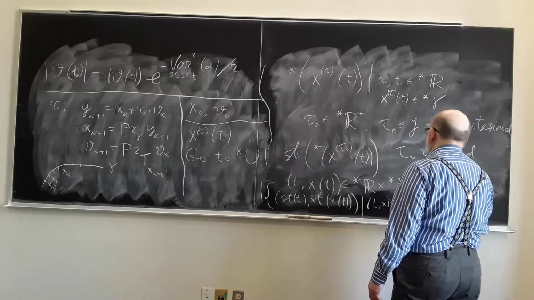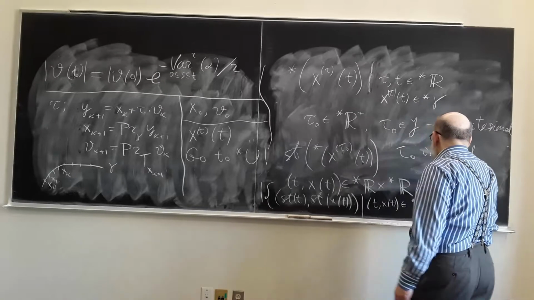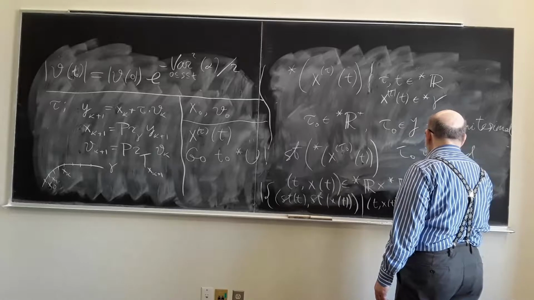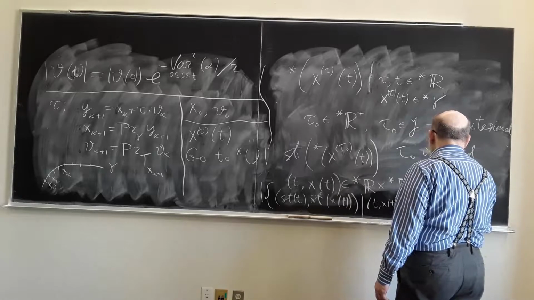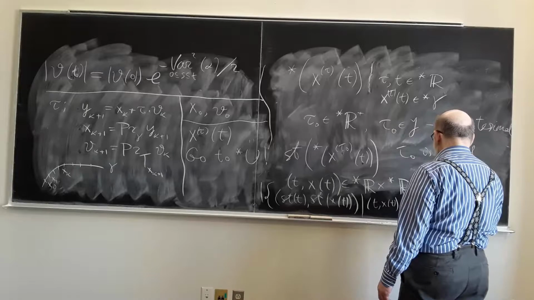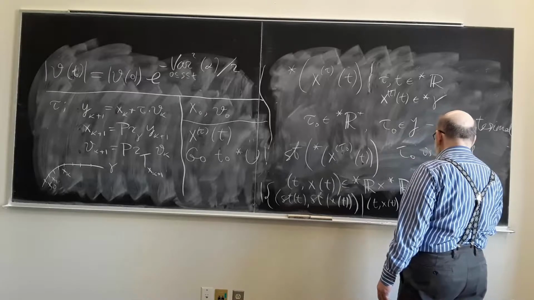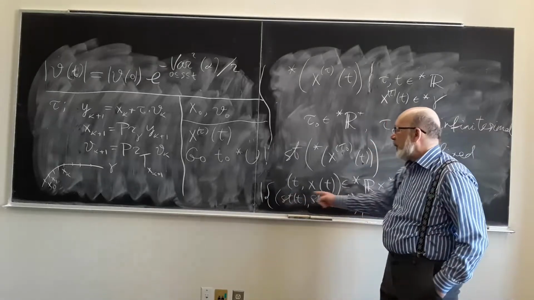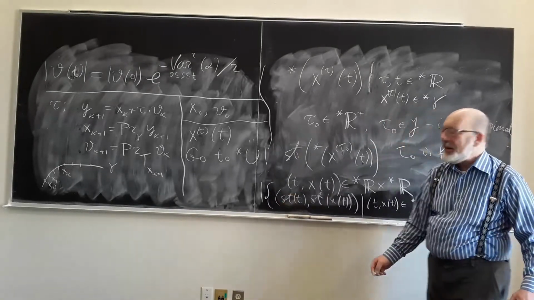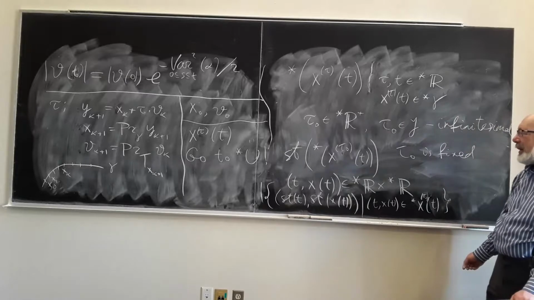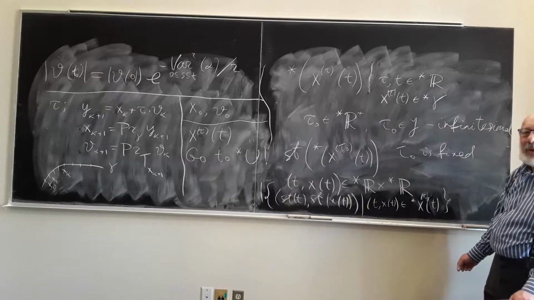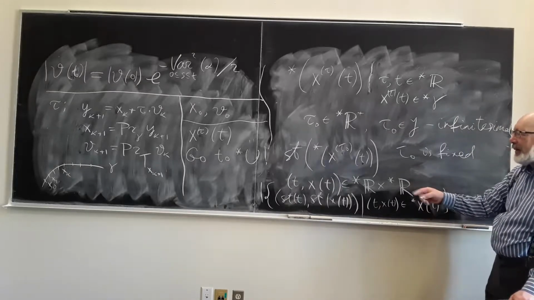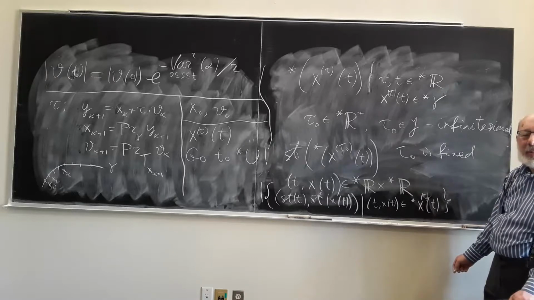If you take the set of these standard parts of t, x_{tau_0} of t, it is automatically a standard set, because it is a set of pairs of standard numbers.